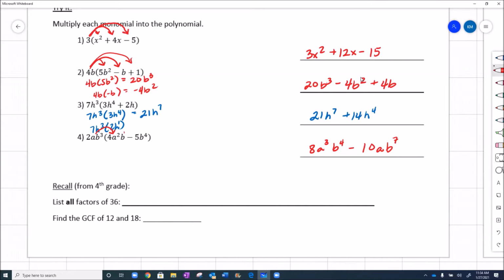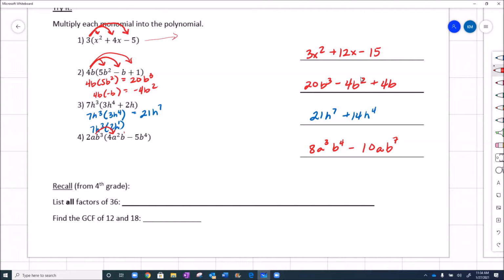So that's a common mistake that a lot of people will make, is that I'll see a problem like this, and then I'll get an answer of 0, because it's like 3 plus 12 is 15 minus 15. They'll say x squared, or x to the 3rd. Okay, these are not like terms. We already did that with addition and subtraction. They need to be like terms for us to simplify anymore.